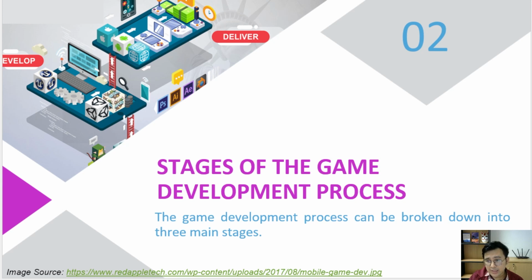Now let's move on to the next discussion, which is the stages of the game development process. This is also important to keep in mind because the stages reveal what we have to do in order to finish the game development and give an output for the better, and also give it to society with the highest quality possible.